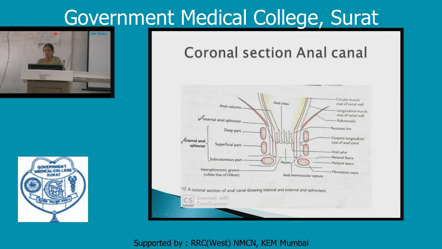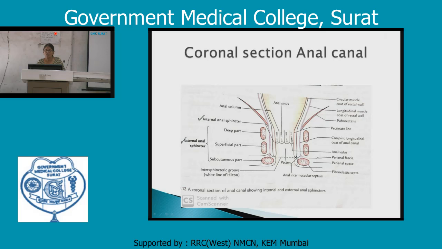Now what about this conjoint longitudinal coat? This coat splits into fibroelastic septa at the lower end of the superficial part of the external anal sphincter, or you can say at the junction of the internal anal sphincter and subcutaneous part of the external anal sphincter, the intersphincteric groove.